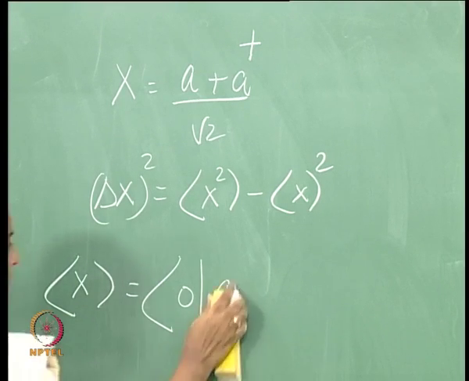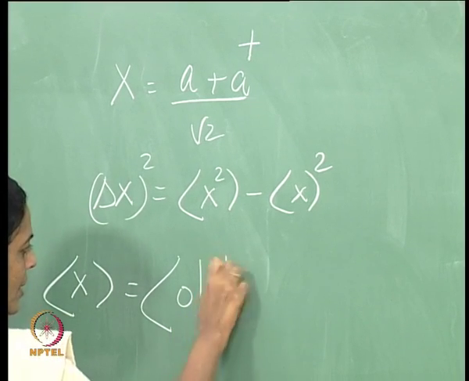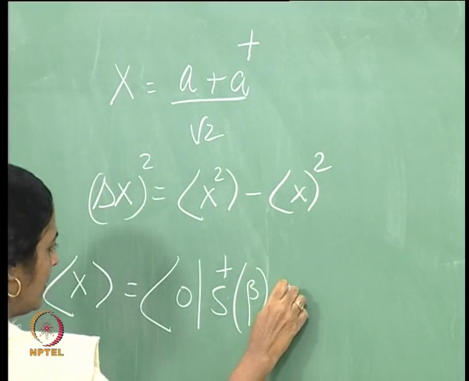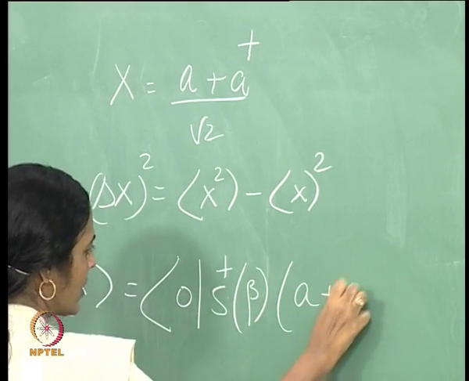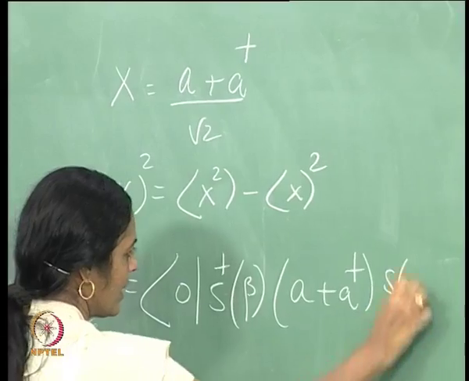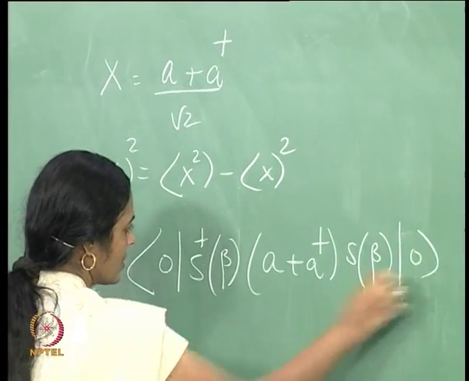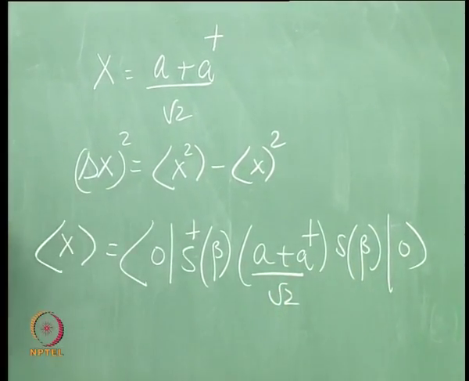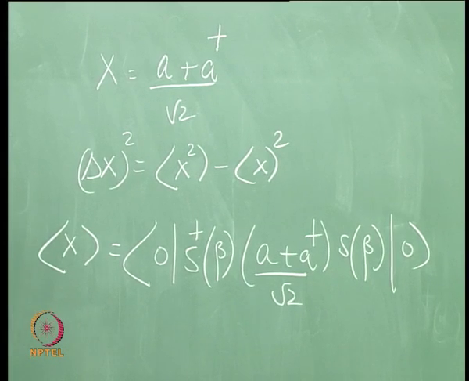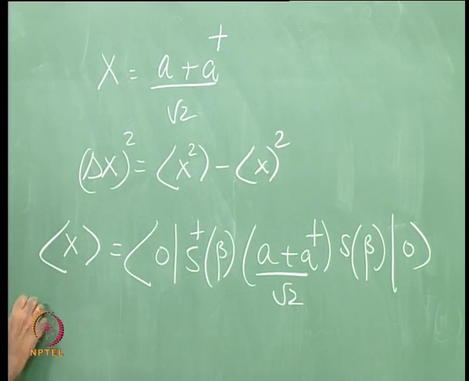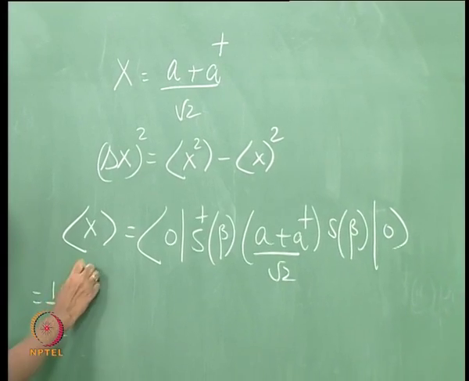and that is this object S dagger of beta A plus A dagger S of beta 0 divided by root 2. But we know this quantity is just 1 by root 2.